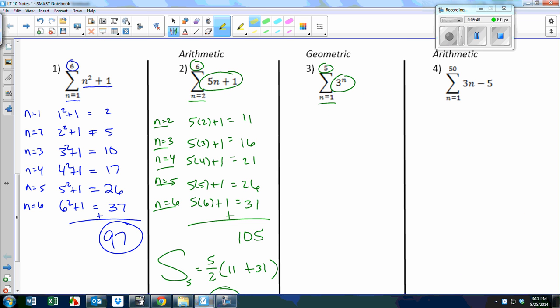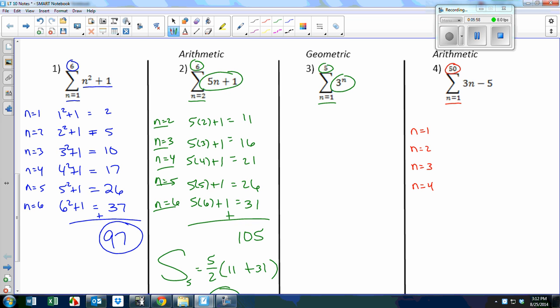Actually, I'm going to work number 4 because I remember that it brings up another issue. If you are adding the first through the 50th term, you're not going to want to write all 50 of them, so you're going to want to find a shortcut. You may not realize it's arithmetic at first, just looking at the formula.